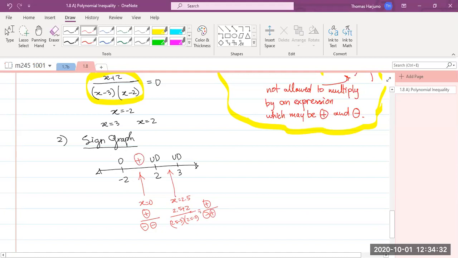What will that be, positive or negative? Negative. That will be negative. How about when I pick a number here, x equals to 5, let's say? That will be positive over positive, positive. It's all positive.